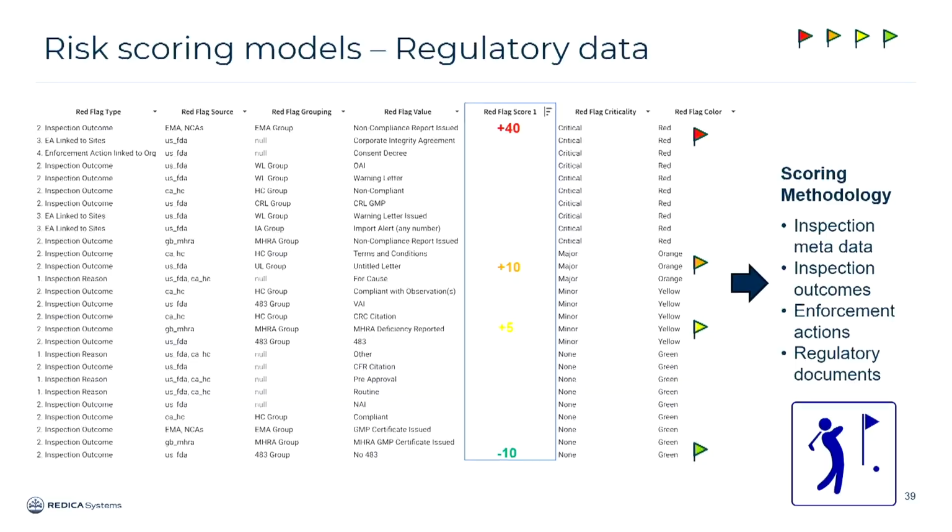FDA goes in, does an inspection, it's NAI, they get awarded a minus 10. If on the other hand, a corporate integrity agreement or consent decree comes out of it, it's a plus 40. So we've spent a fair amount of time, with myself and other experts, going through and doing this scoring that feeds into our red flag models.